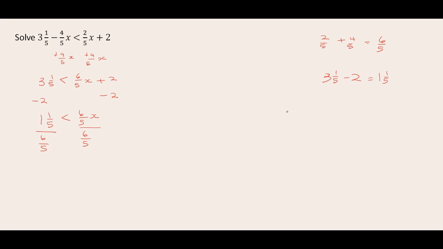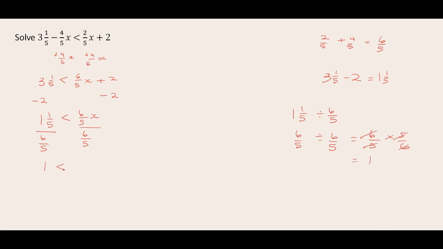So 1 and 1 over 5 divided by 6 over 5. So that is 6 over 5 divided by 6 over 5, which is 6 over 5 times 5 over 6. This crosses out, this crosses out, this is going to give us 1.